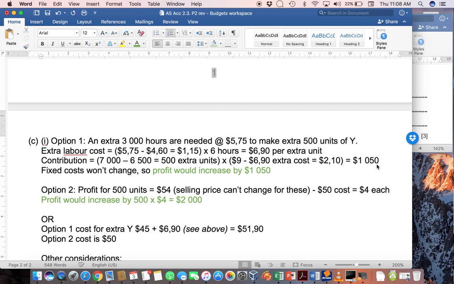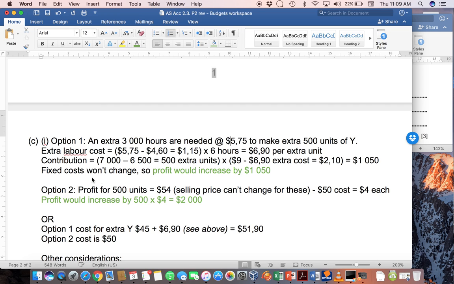And if I times that by the 500 units that I need to make, my contribution will be 1,050, because my cost is going to increase by this much. So my contribution is much smaller than what it was initially, because initially I had a contribution of $9 per unit, but now every extra 500 that I make, I've only got $2.10 to contribute.